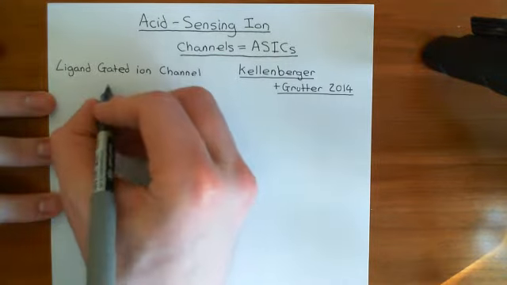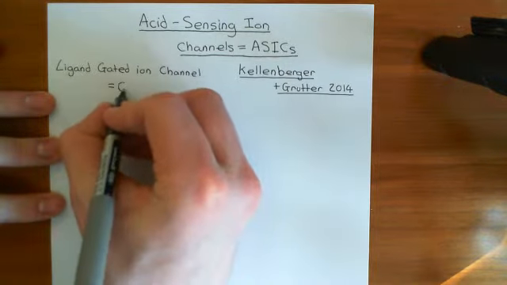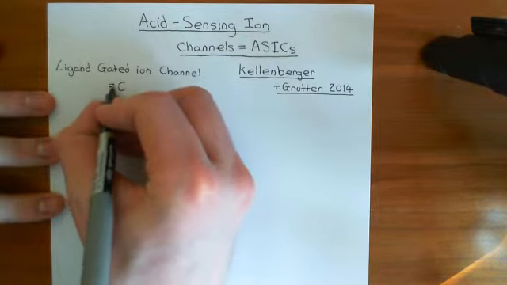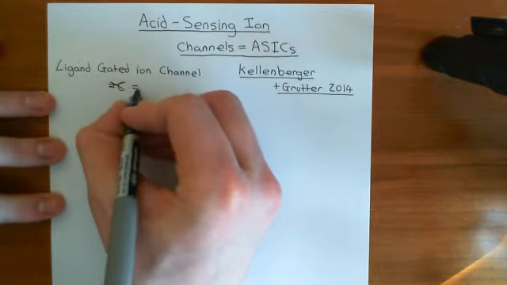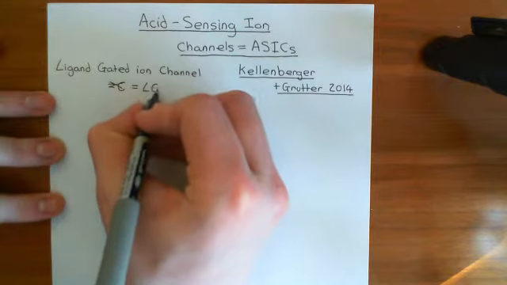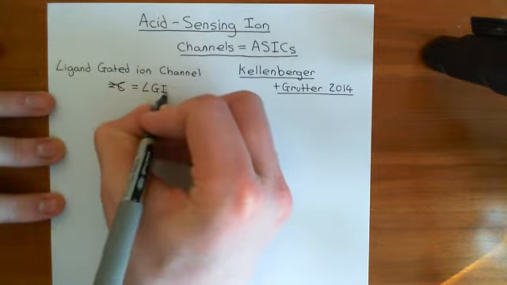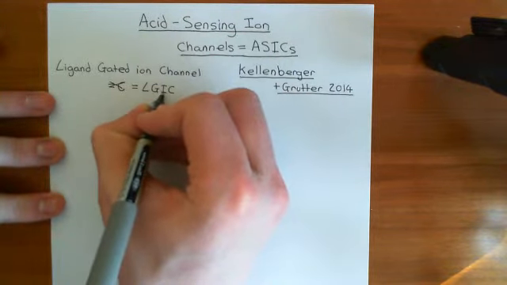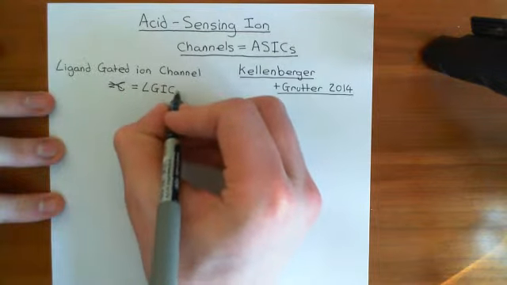Ligand-gated ion channels are often abbreviated to LGICs for short: L for ligand, G for gated, I for ion, and C for channel.